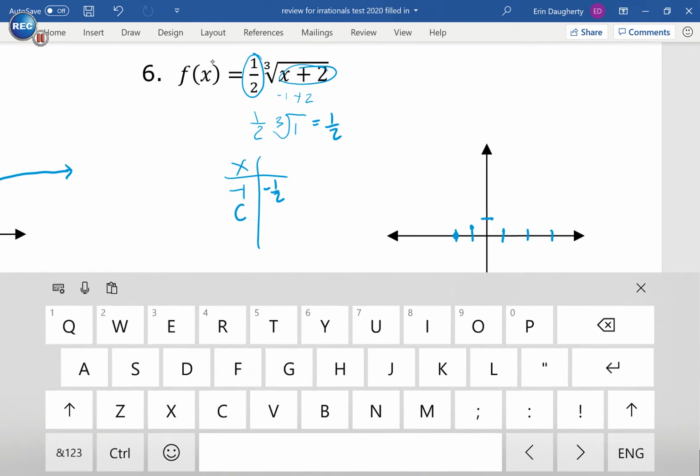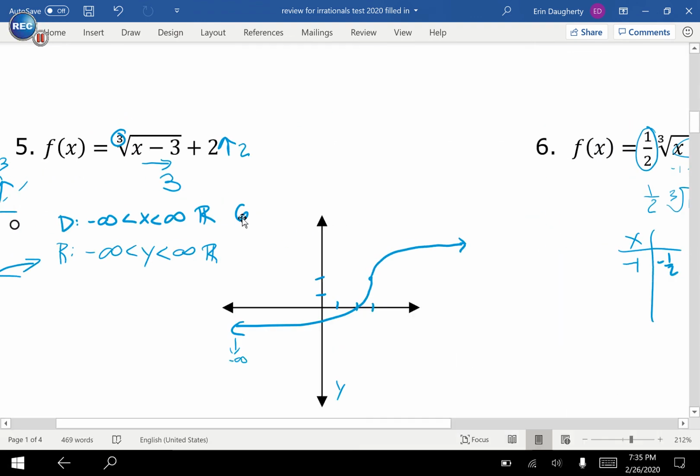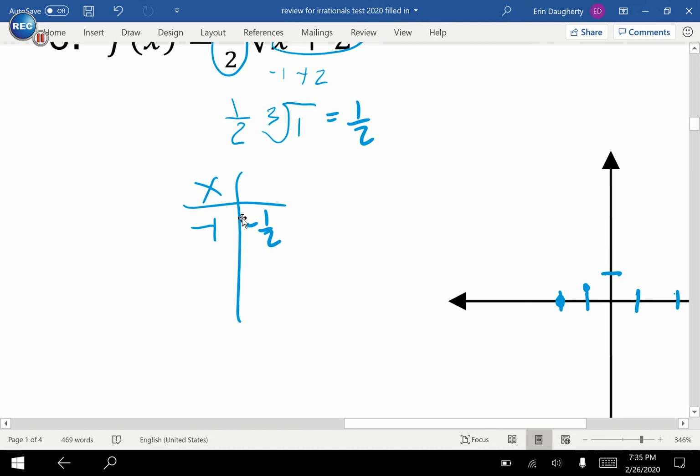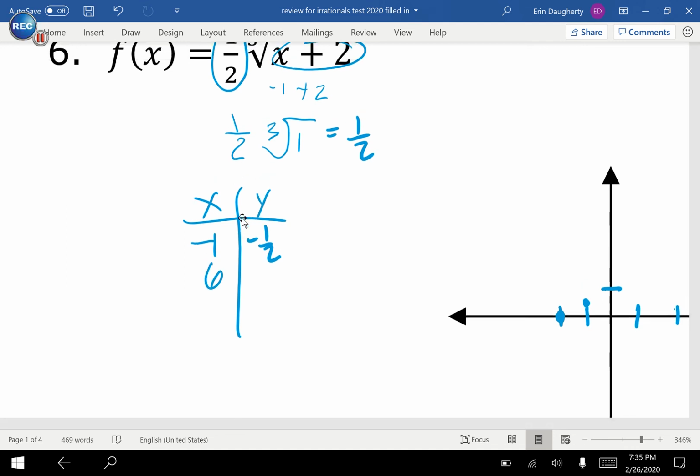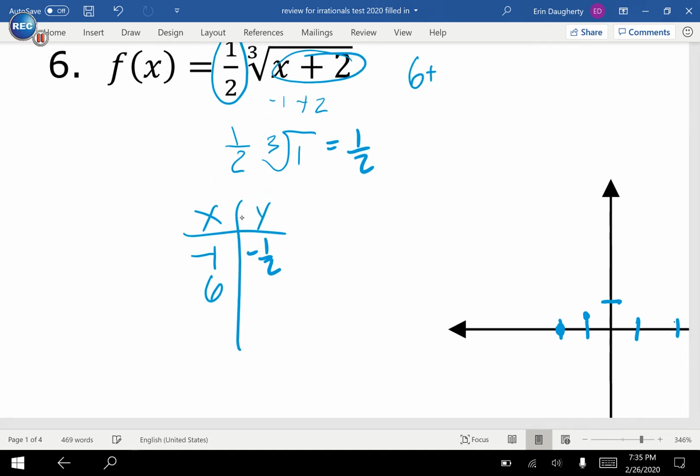So if I look at 6, then I would end up having 6 plus 2. 6 plus 2 would just give me 8, so the cube root of 8 would give me 2, and 2 times 1/2 is just going to give me 1.